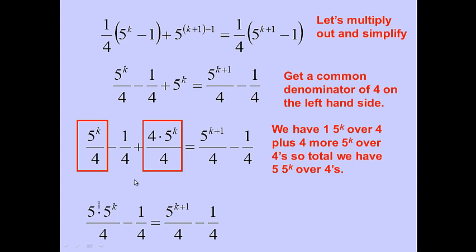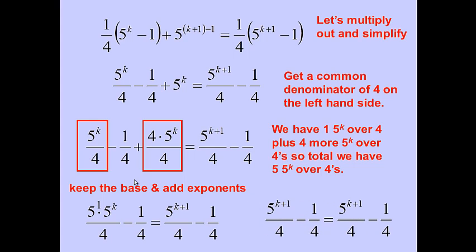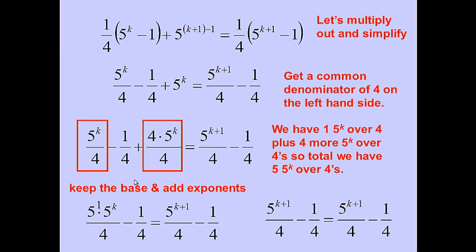So recall that if we have the same base, 5 to the first times 5 to the k, we add the exponents. So we have 5 to the k plus 1 over 4 minus 1/4 equals 5 to the k plus 1 over 4 minus 1/4. Completed the proof.